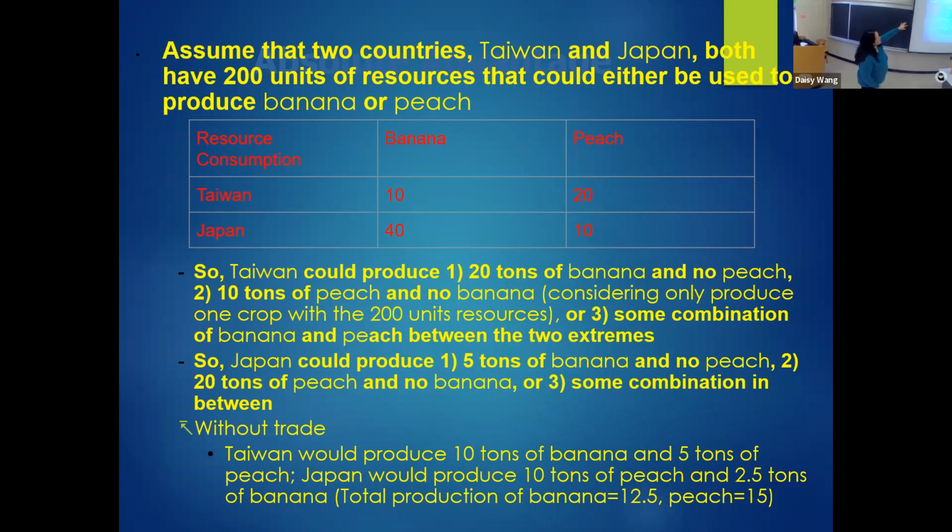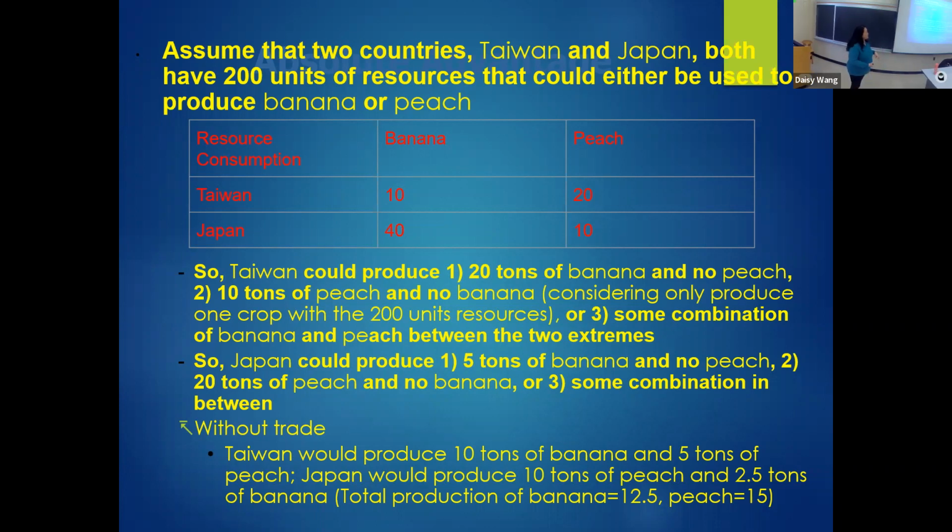There are two countries, and assuming they both have the same resources, 200 units, and they can use them to produce either bananas or peaches. In Taiwan, it costs 10 units of resources to produce 1 ton of bananas, and 20 units of resources to produce 1 ton of peaches. In Japan, it's 40 and 10.